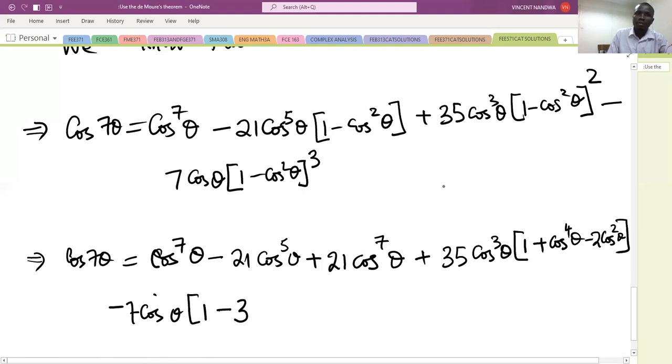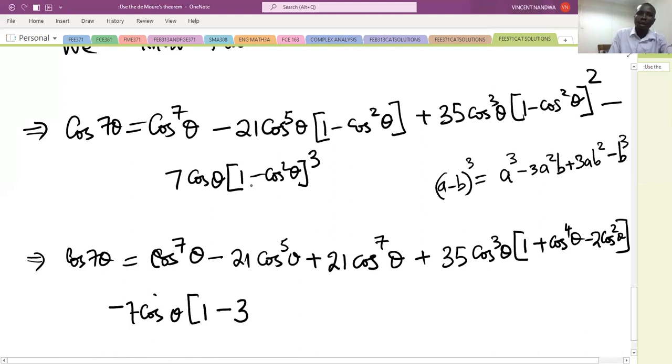So remember, when we have (a minus b) cubed, it is the same as a cubed minus 3a squared b plus 3ab squared, and then minus b cubed.